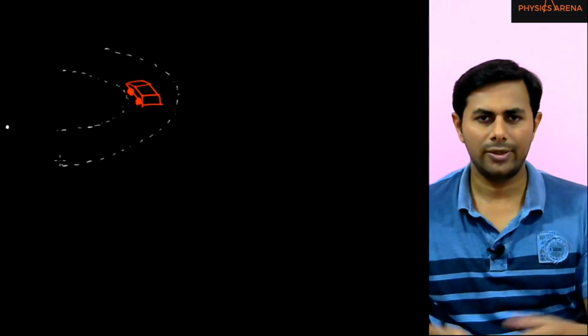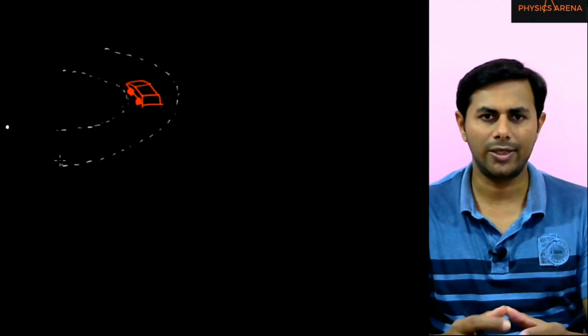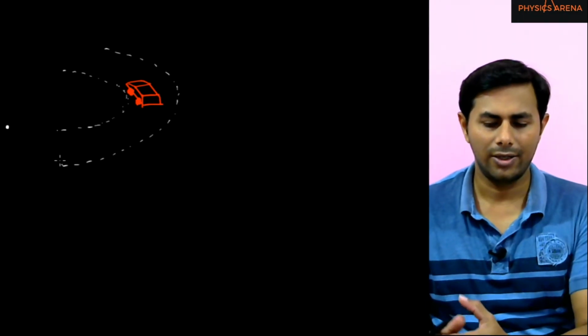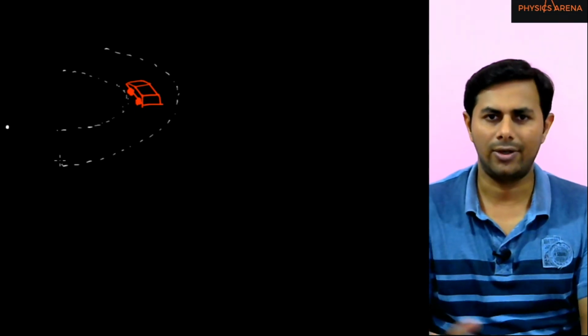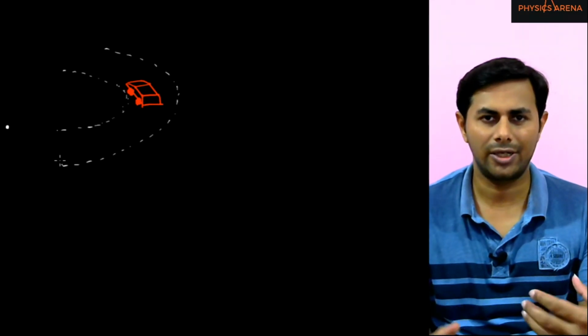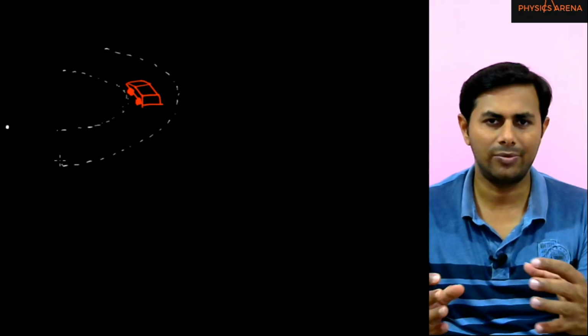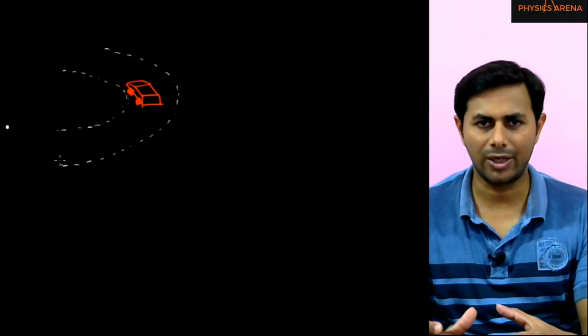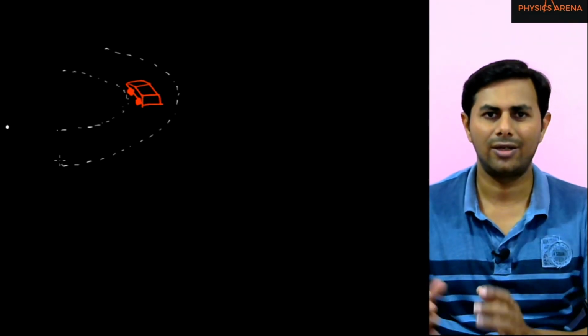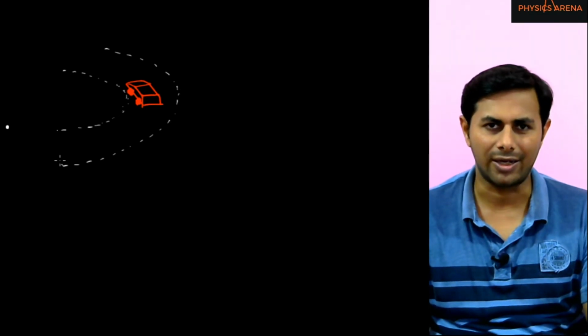So due to your straight line motion and the curvilinear motion of the car, you tend to slide on the seat of the car. Now think which is that force which keeps you from sliding. The answer is simple, it's the frictional force. It's the frictional force which keeps you firm on the seat of the car and which completes your circular motion along with the car.